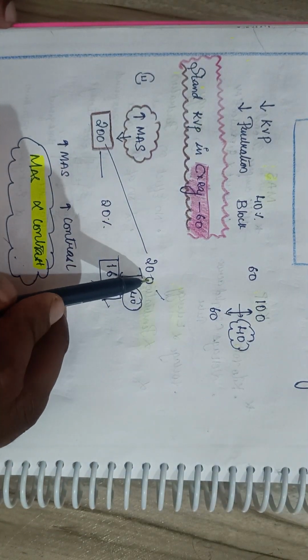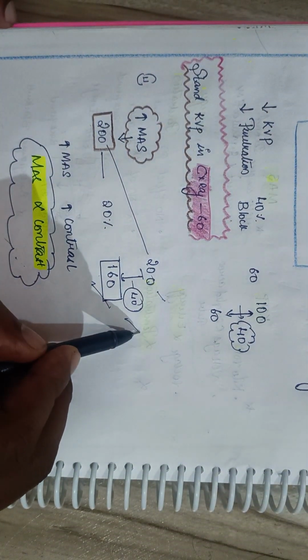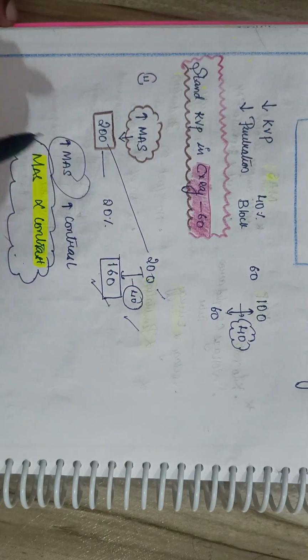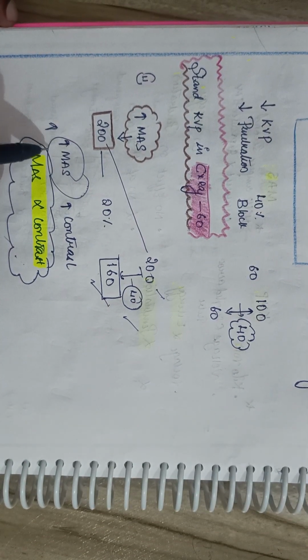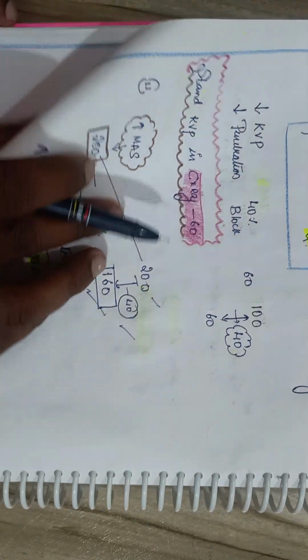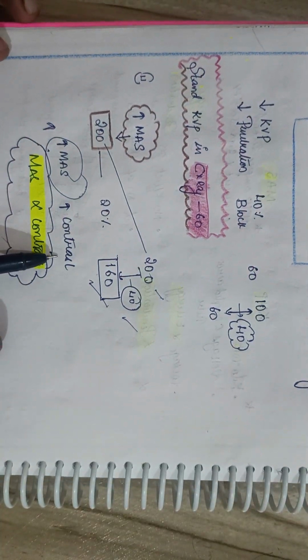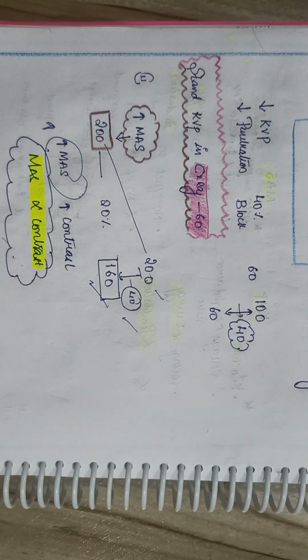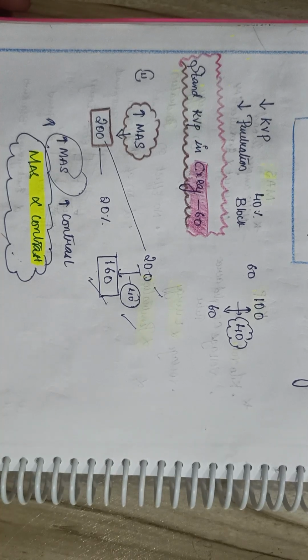So if you look at this 200 and 160, the difference is 40. So ultimately, an increase in the milliampere second gives an increase in the contrast. So the milliampere second is directly proportional to the contrast.